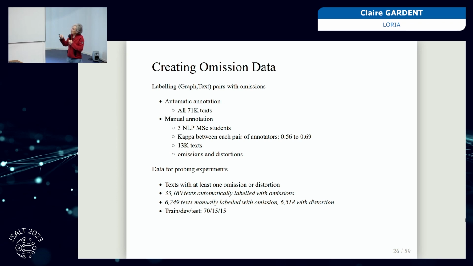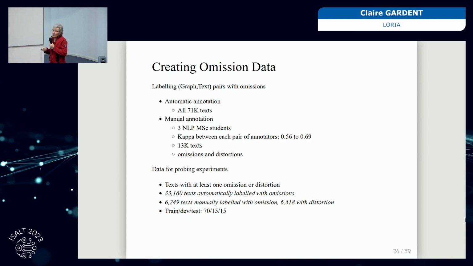And then when we do this manual annotation, we observe that there are things that are not quite omission, which we call distortion. I will give some examples afterwards. It's a case where you don't really have the correct mention for an input entity, but it's very close to it. It's basically spelling mistakes or dates that are almost correct, things like that.